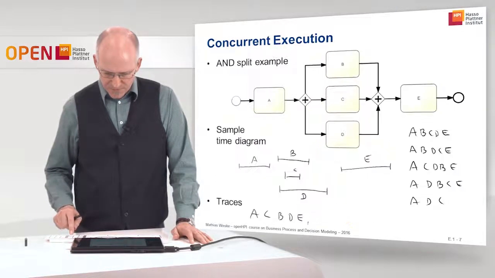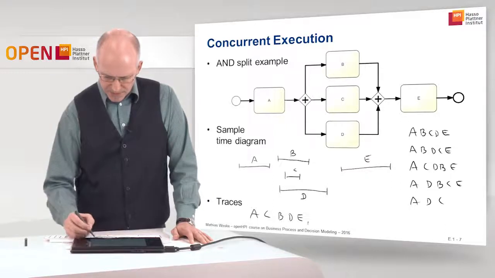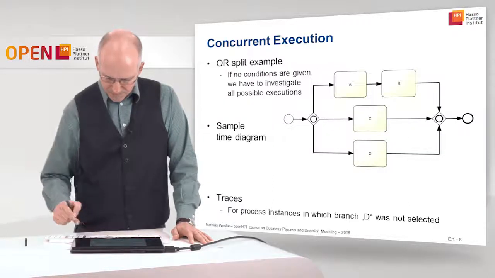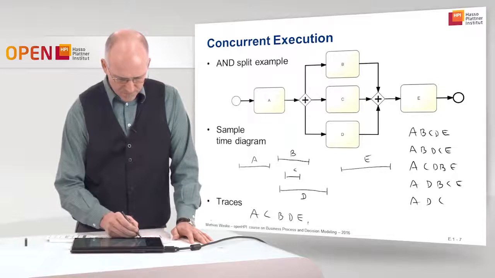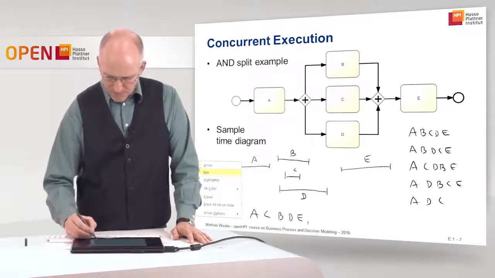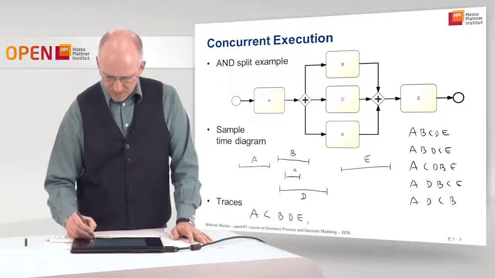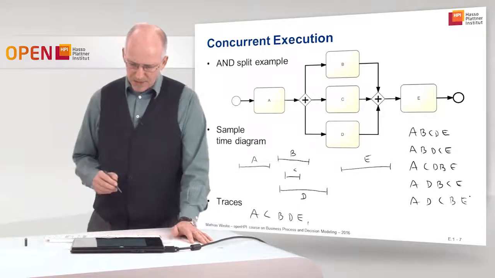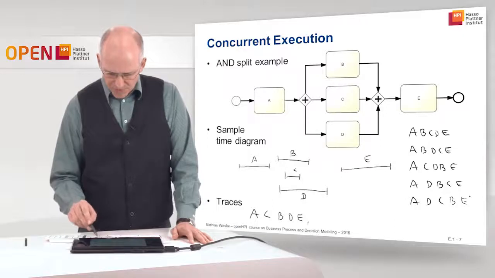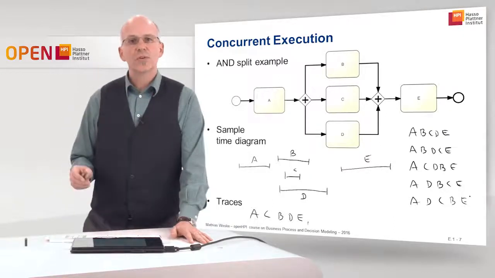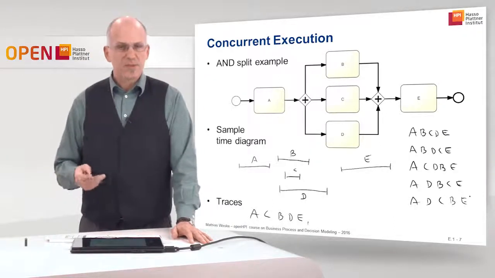Here we go, AD, C, B, and then the E. So overall, we have these 6 traces that are allowed by this process model.